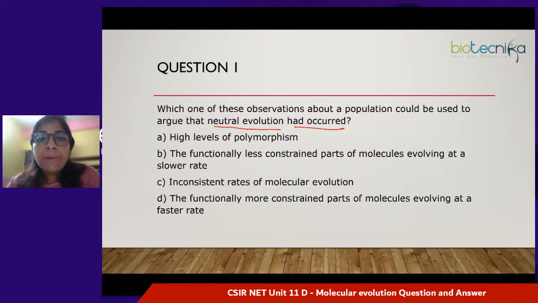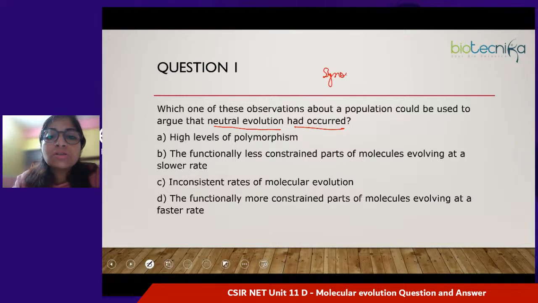But what he said is that mutations are constantly happening in the genome, and we are not seeing them. That means those mutations are happening in those regions of the genome which do not affect the function of the protein. Those mutations we usually call synonymous mutations.